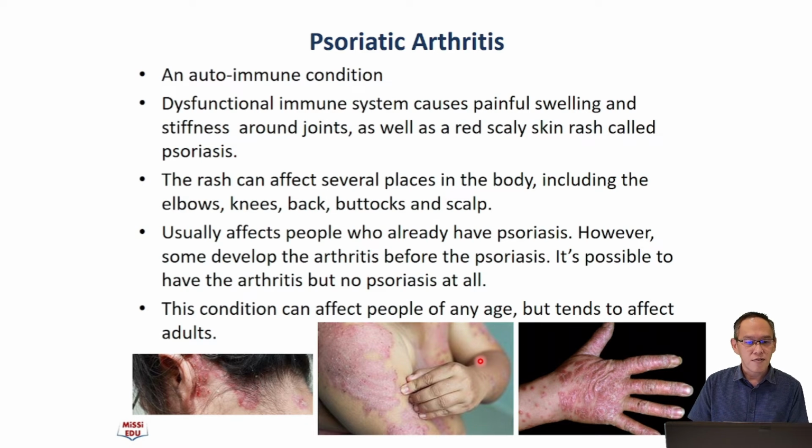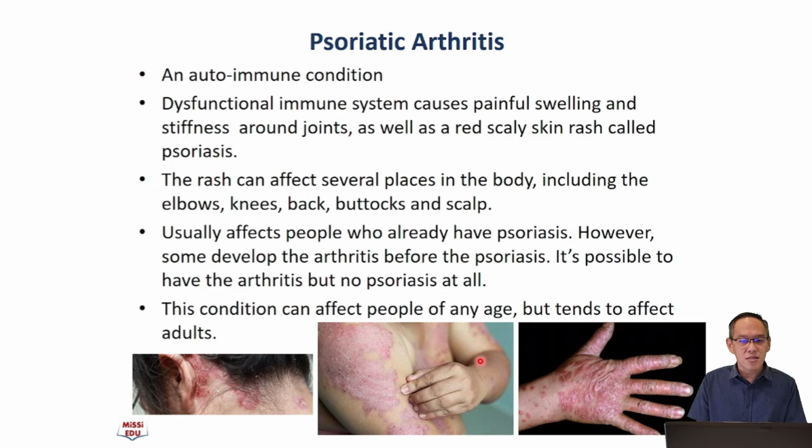The rash can affect several places, for example elbows, knees, the back, buttock, and the scalp hairline. It usually affects people who already have psoriasis. However, this type of arthritis can even appear before the skin manifestation. In rare cases, it's reported that this arthritis can appear without presentation of the skin lesion.